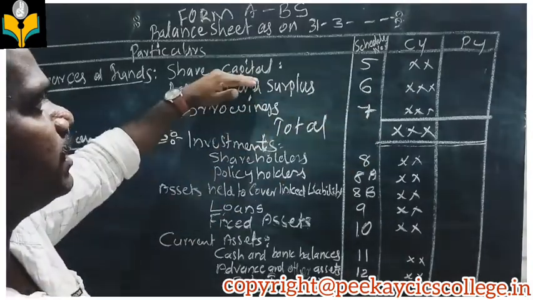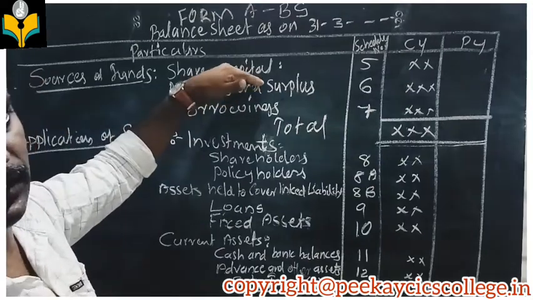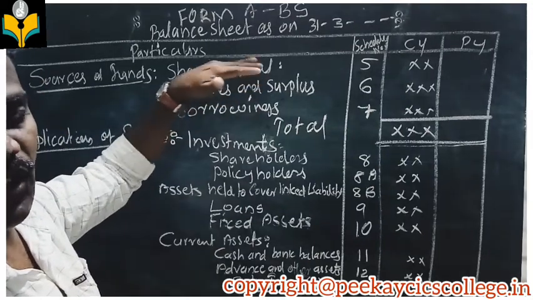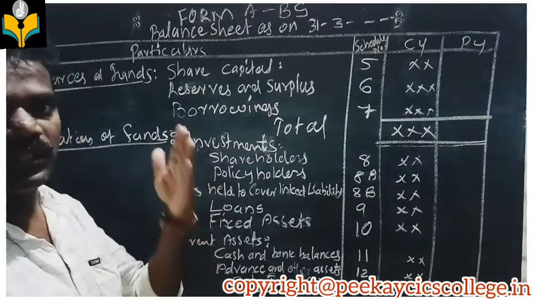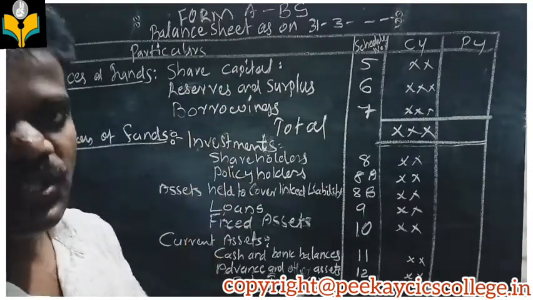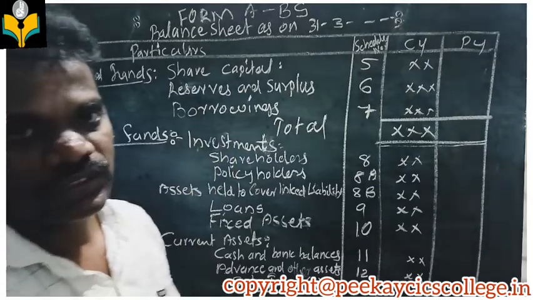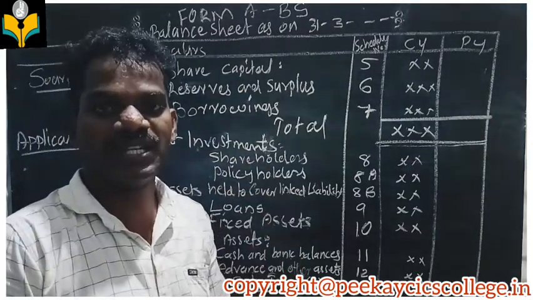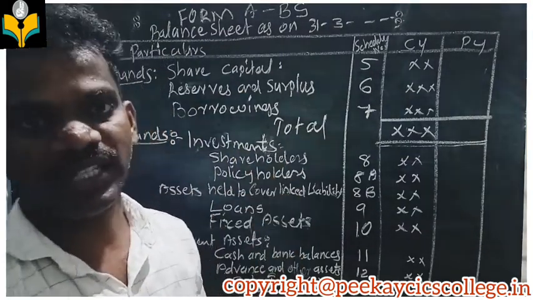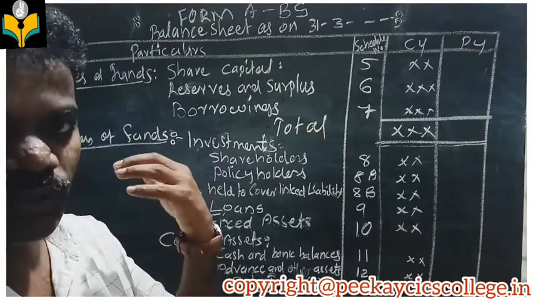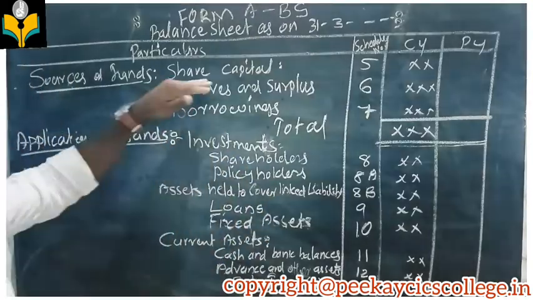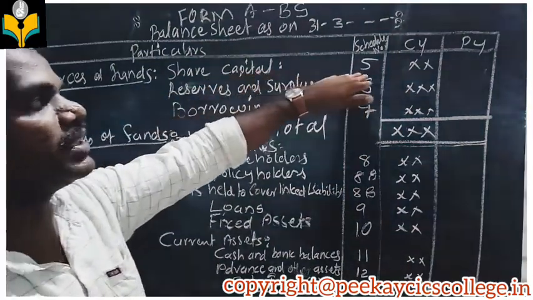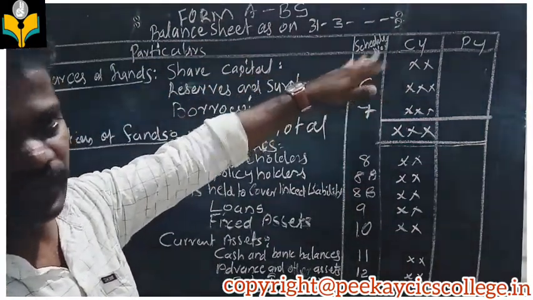That means the total share capital strength. Then calls in arrears or calls in advance, or any expenses related to issue and redemption of shares, or any commission charges or brokerage charges. Anything relating to the issue or redemption of shares should be recorded in a separate schedule prepared for share capital, schedule number 5.